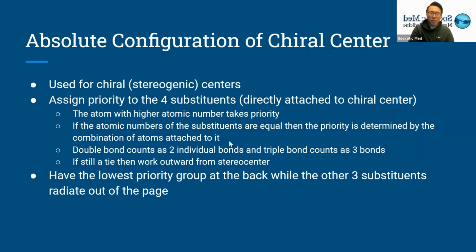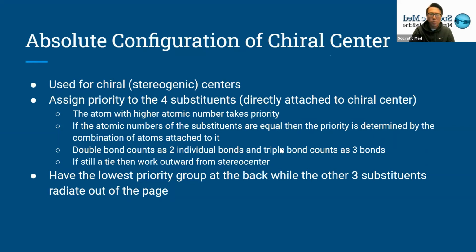But let's say there are 2 groups with carbons directly attached to the chiral center. Then you can determine the priority by the other atoms attached to them. So look at the next atom.